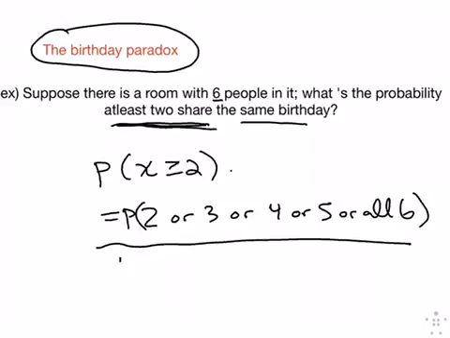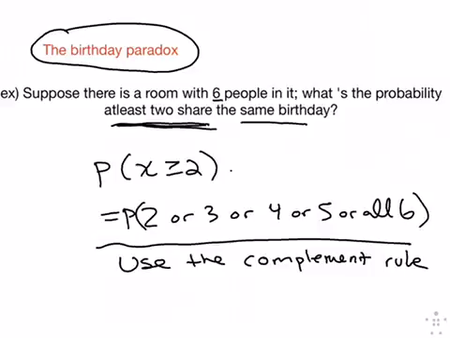So we're actually going to use the complement rule. So the underlying concept here is the complement rule. The complement rule says that rather than directly calculating this, we'll take 1 minus the probability of the opposite of this. So again, the opposite of 2 or more having the same birthday is none of them having the same birthday.